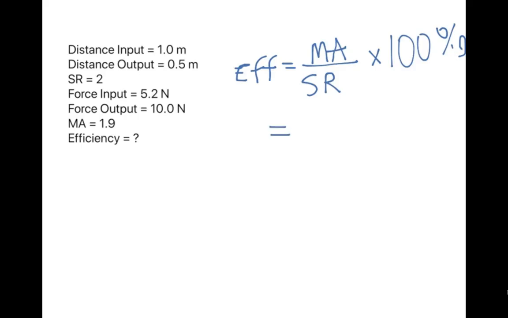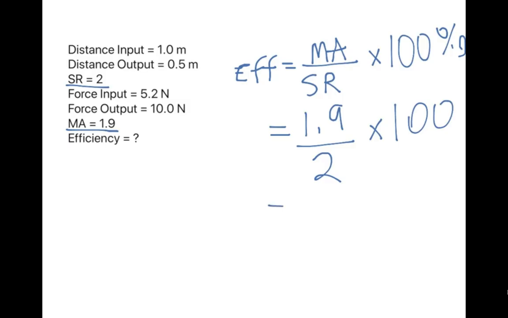So mechanical advantage, 1.9. Efficiency would be less than 100. That makes sense. In fact, you cannot have an efficiency of more than 100%. If you ever get like 112% efficient, you're wrong. You mixed up the numbers. It's a good check to know. Times 100, and it's always going to be a percentage as well.